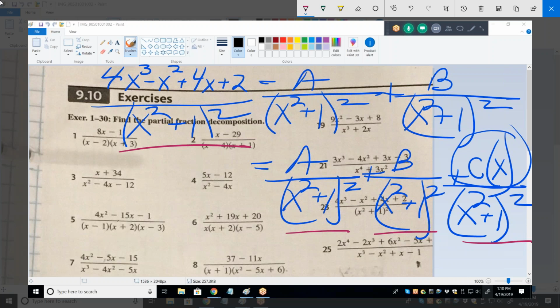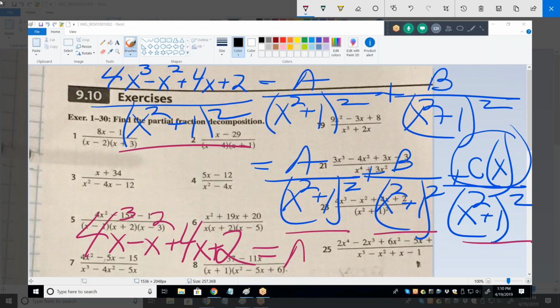That's right. Okay, so let's start with this. 4x cubed minus x squared plus 4x plus 2, what's that going to equal?